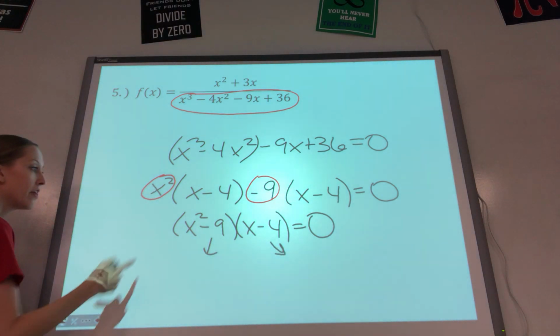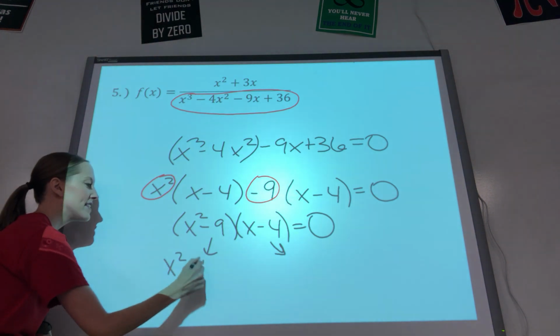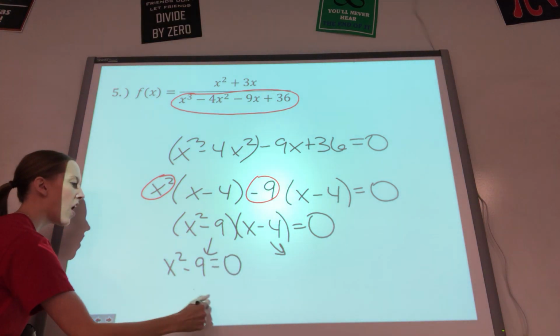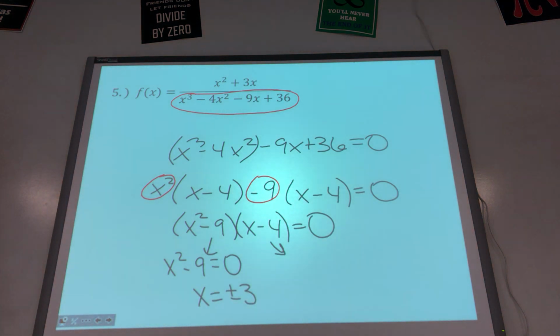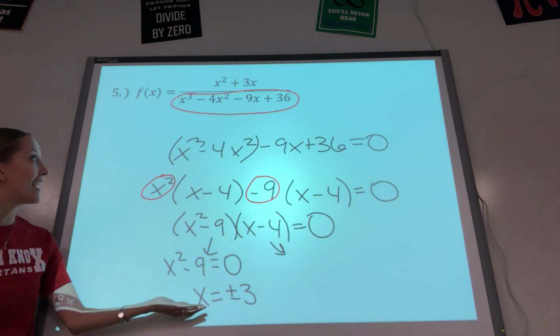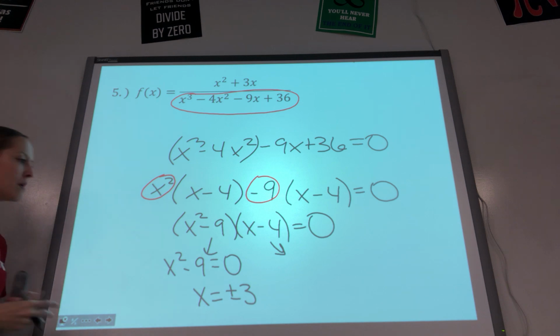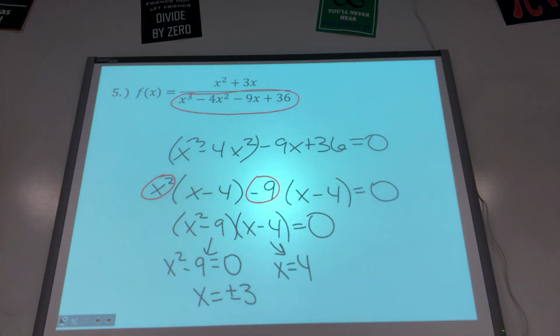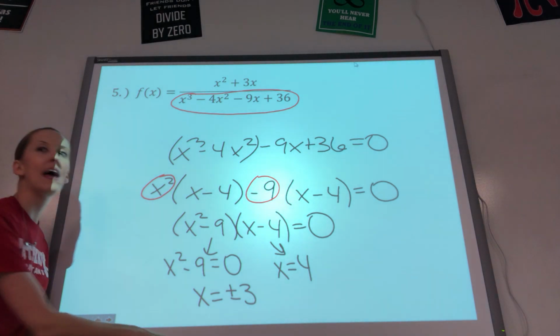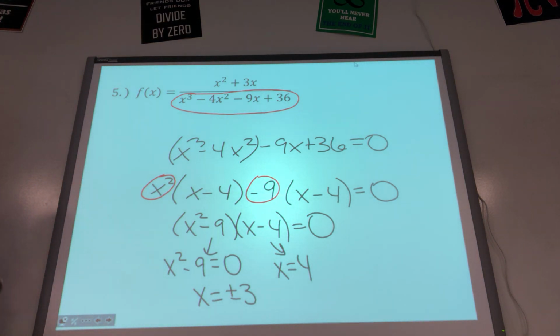Now, if I set this equal to 0 and solve for x, I'm going to add 9 and then square root both sides. So that gives me back plus or minus 3. Now on the other side, I would add 4 and I get 4.